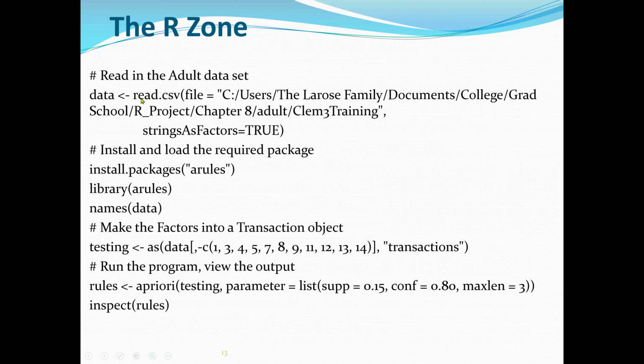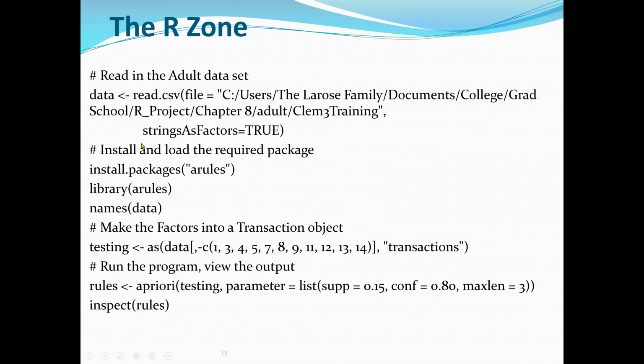Then we all know read.csv. We are getting a file, and we want to read the file into a variable named data. So we have read.csv, and the directory where the file is located is what is here. It's in my C drive, users folder, etc., Chapter 8 folder, and the file name up to here.